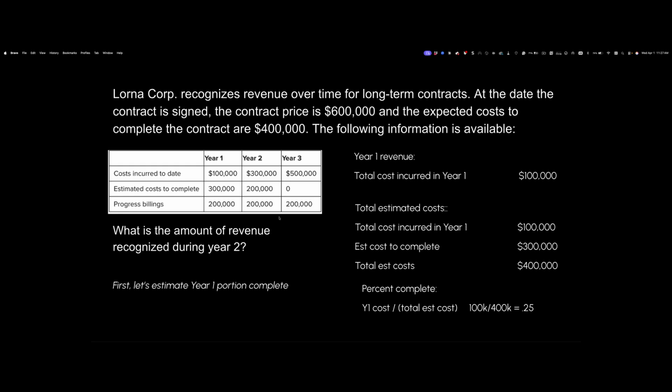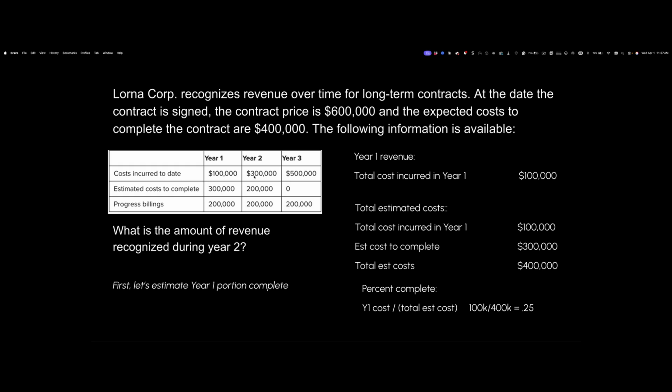So notice that we have here cost incurred to date of $100,000 in year one, $300,000 in year two, and $500,000 in year three. At the end of year one, we thought there was only going to be an additional $300,000.